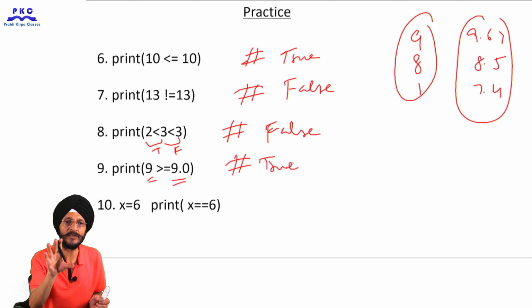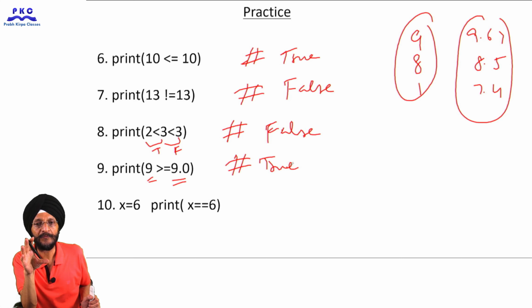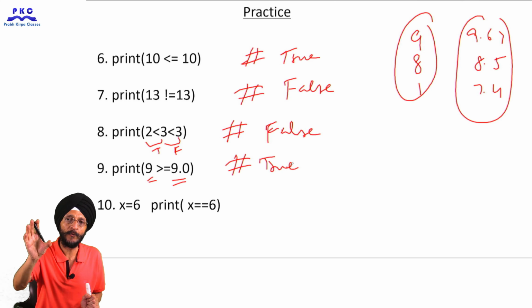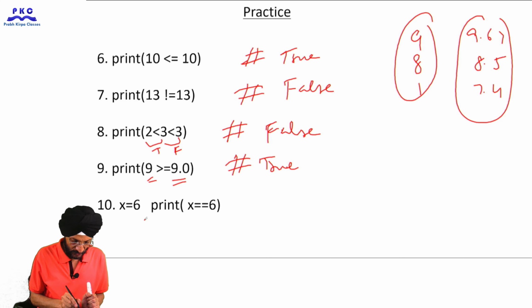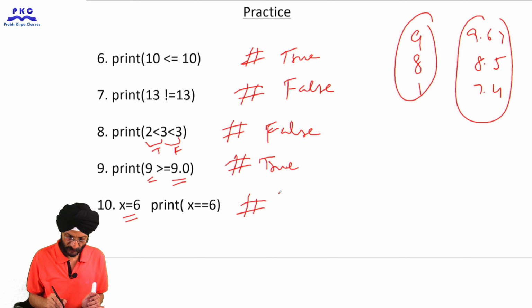Both are equal because Python will automatically convert the integer into a floating number for the purpose of comparison. Next, if x is equal to 6, print x equals 6. Whether x is equal to 6, it is true because the value contained is the same.